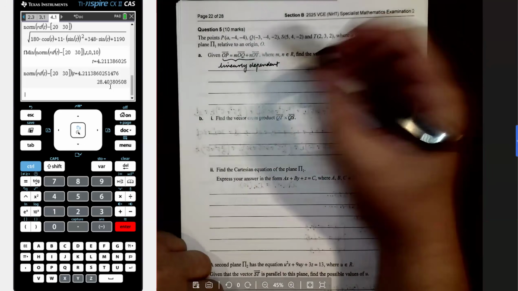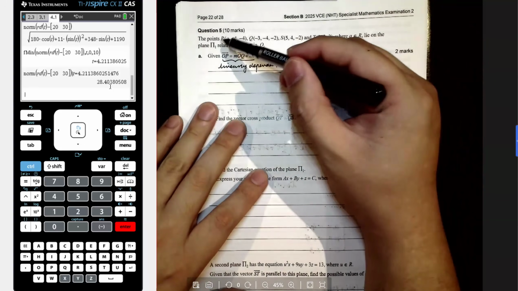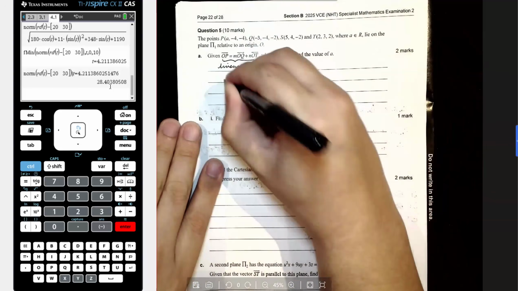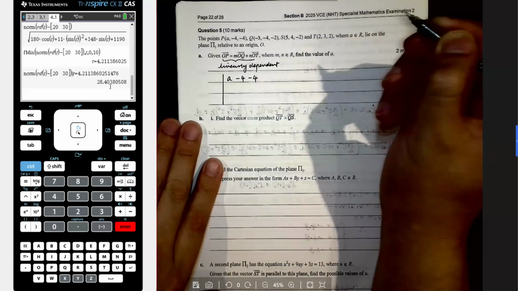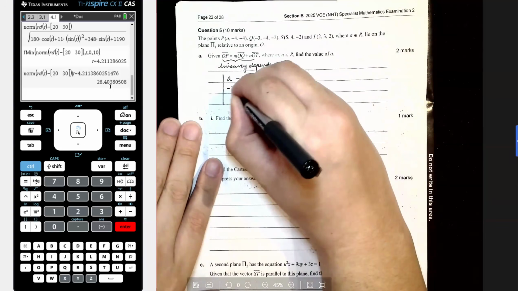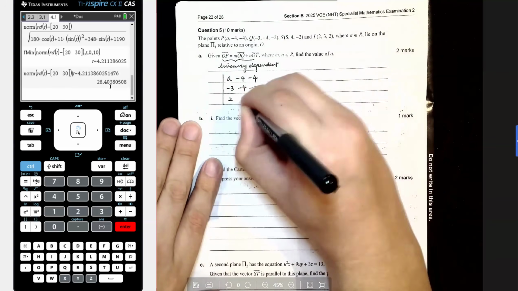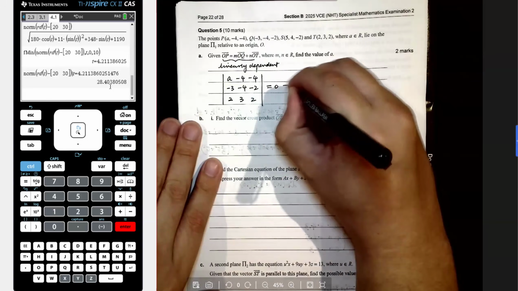You might want to create, let's say, 3 simultaneous equations, but you could also use, let's say, OP, OQ, and OT. The 3 things can form, let's say, (a, minus 4, ...), OQ is like (-3, -4, -2), and T is like (2, 3, 2), equals to 0.